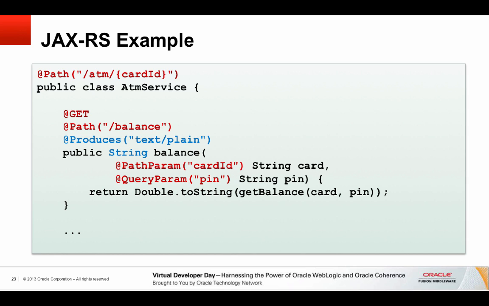So for the card parameter, I want to fill that with the path parameter card ID that I referenced above. And for the PIN parameter, I've said that it has to come from a query parameter with the name PIN. So here we'll have those values injected into my method variables, which I can then go ahead and use.